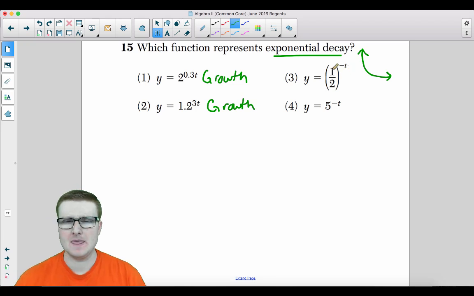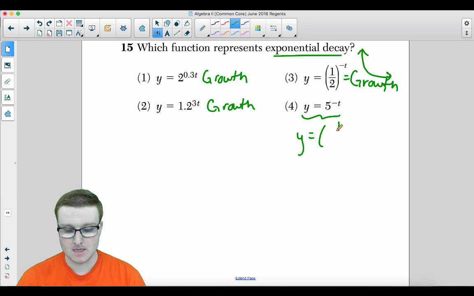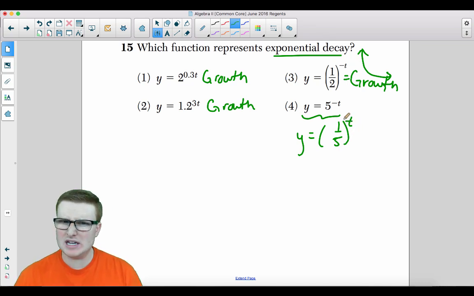Be careful here. This is a fraction raised to a negative exponent. This is actually growth. And this over here is really y equal to 1/5 raised to the positive t. What it's doing here, folks, is you move that t down to the denominator.